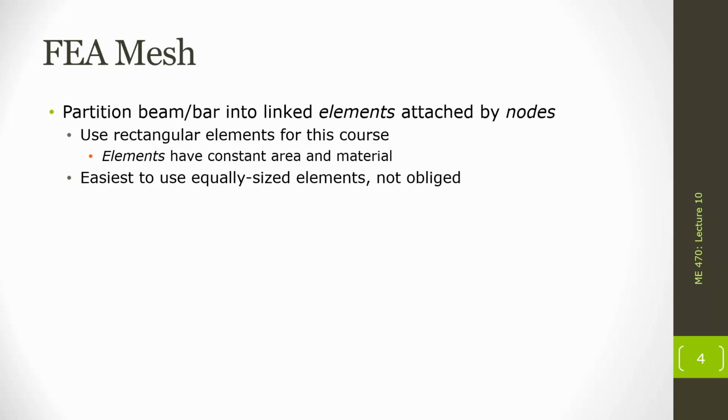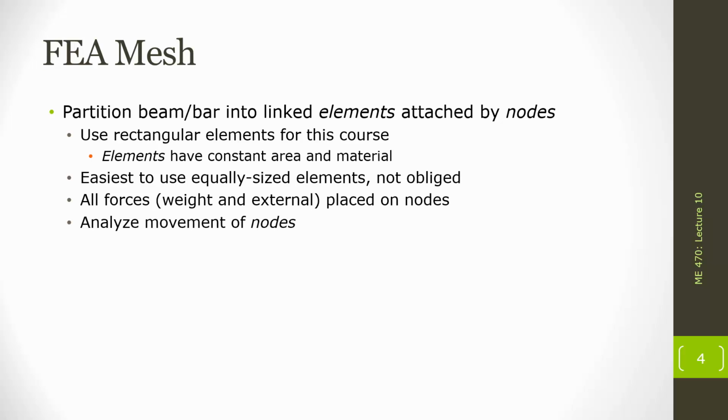We are going to be compensating for the weight of our structure, both internal like a weight, but other forces that might be external, but always those are going to be placed on the nodes, never along the span of one of our elements. And what we're actually going to be solving for is the movement of our nodes. So in a continuous system, we were able to tell what was the deflection along every point in the beam at all points in time.